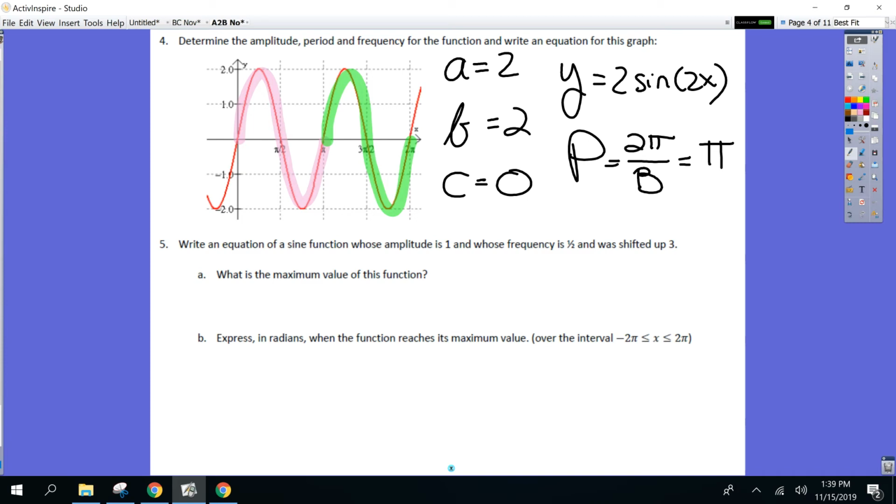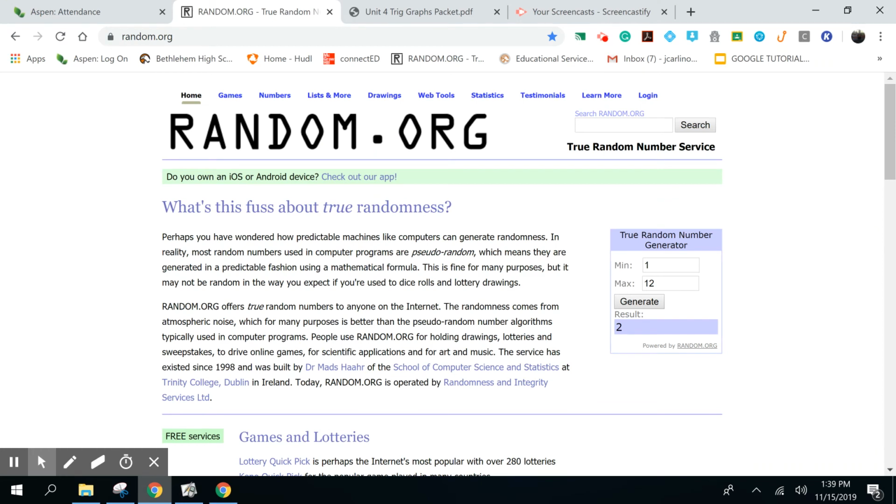Okay, try 5 out. There's an actual question 5, and then it goes to part A. So write the equation first of what I'm asking of that sine function. Write the equation first, then we'll answer part A. Okay, just the equation.